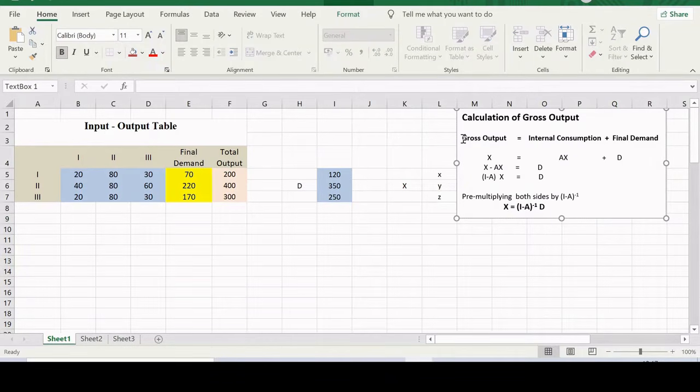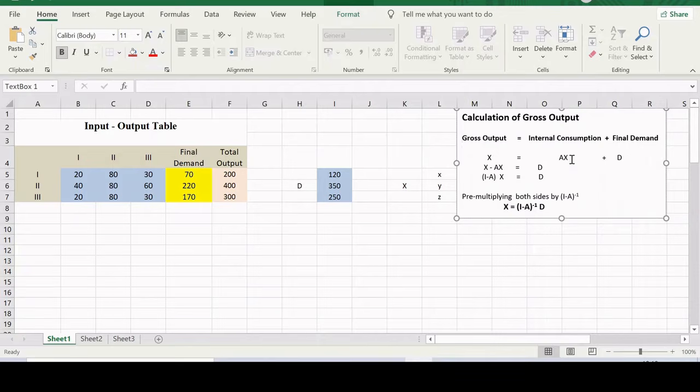As we are discussing the open model here, the consumption has two parts, internal consumption and the final demand. If we see this equation in the matrix form, then the final demand is represented by matrix D, X is the gross output and the internal consumption can be calculated if we multiply the gross output, that is matrix X, with matrix A.